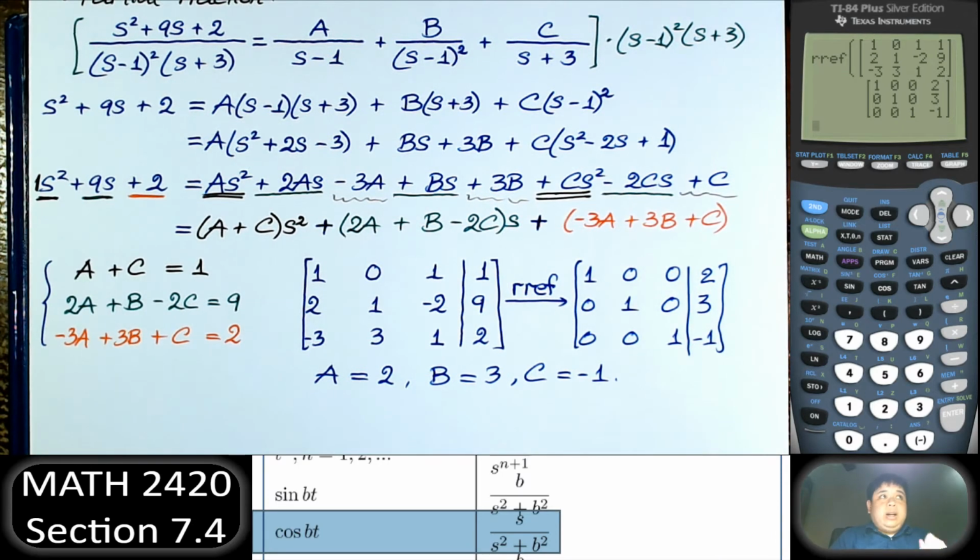Right. So if your calculator cannot do this, we have to store into the matrix. So hit second, matrix, and go to edit and store the values. So this is a 3 by 4.